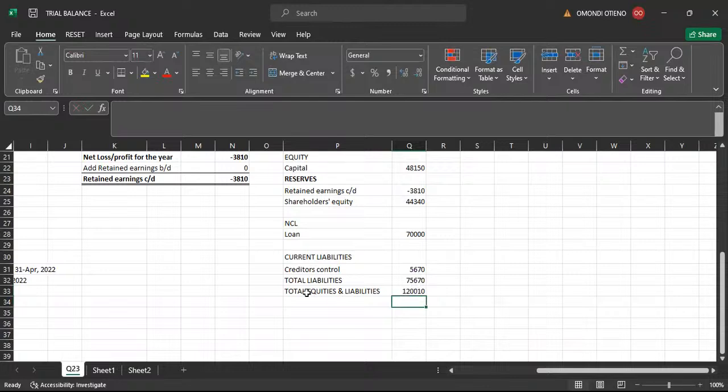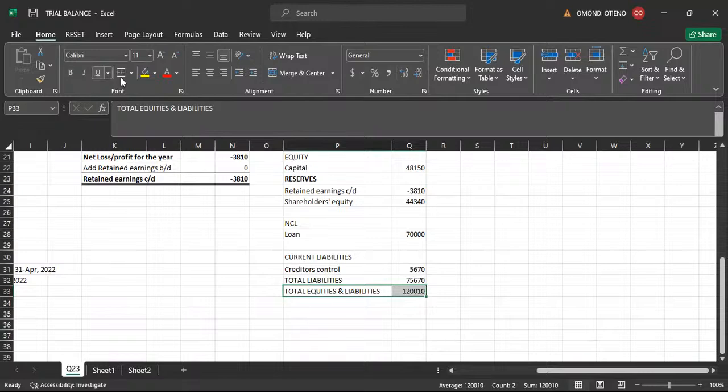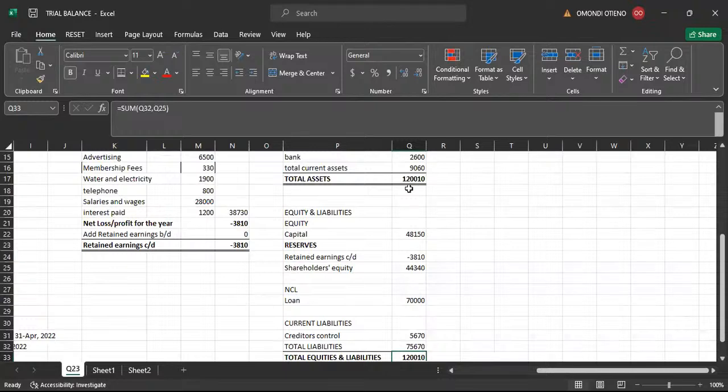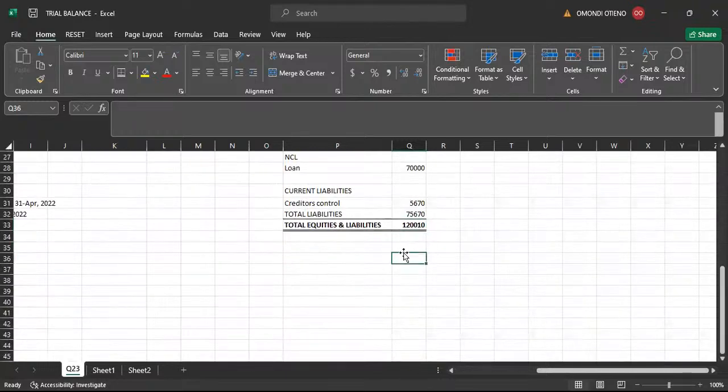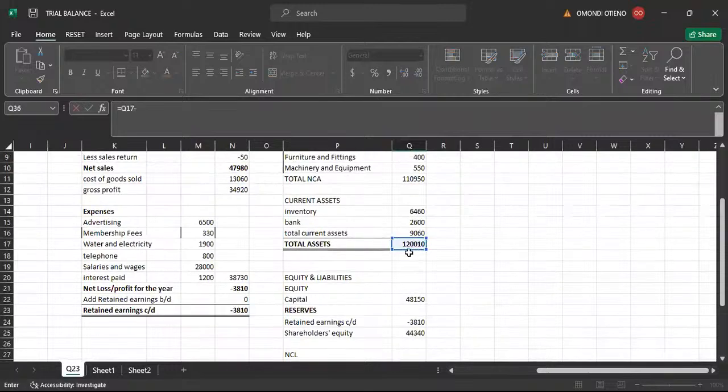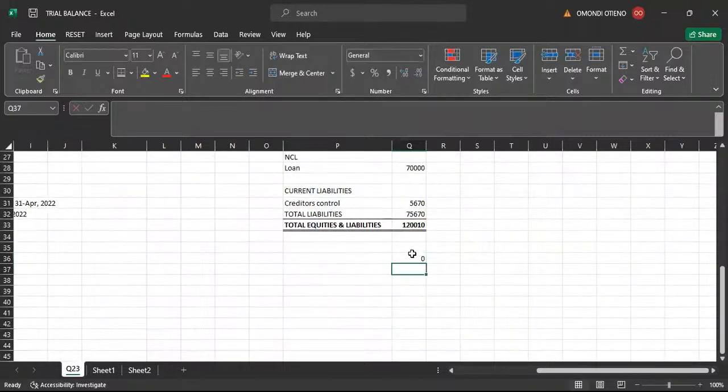If I add that, I should be able to get total equities and liabilities, which becomes the balancing figure under this section. So if we get the summation of total equities and liabilities together, compare that with the total assets, is it going to balance? Are we going to have a zero difference? So I get the difference between those two, and it confirms that it is zero. So these figures are equal and the same.